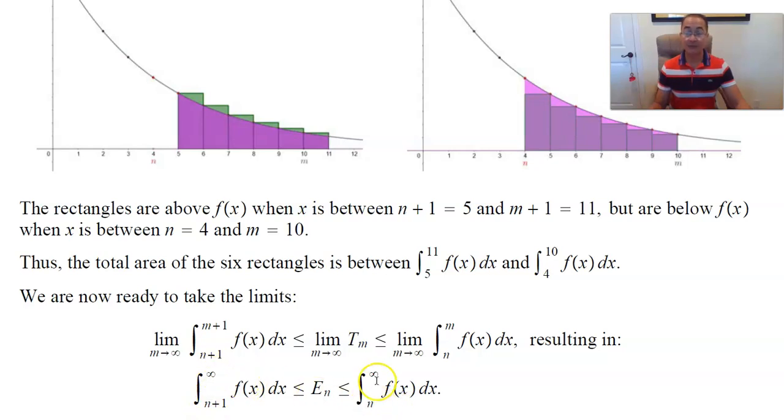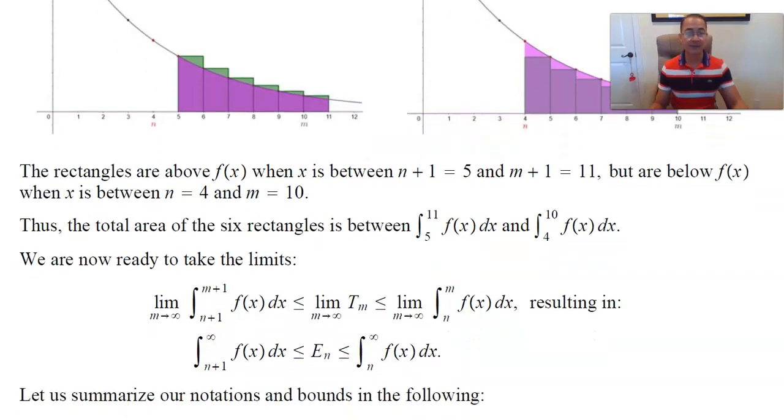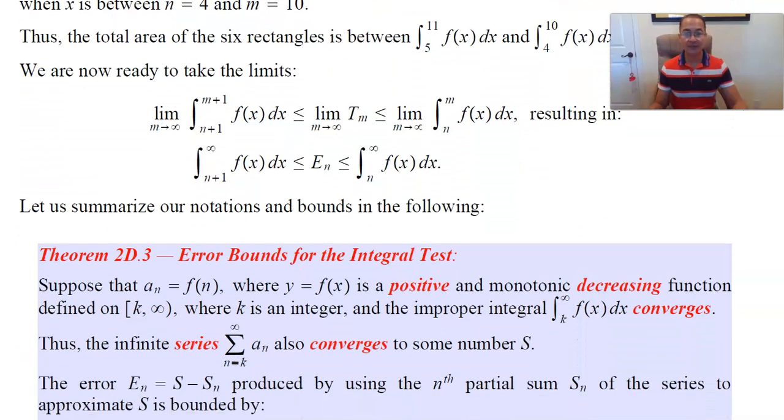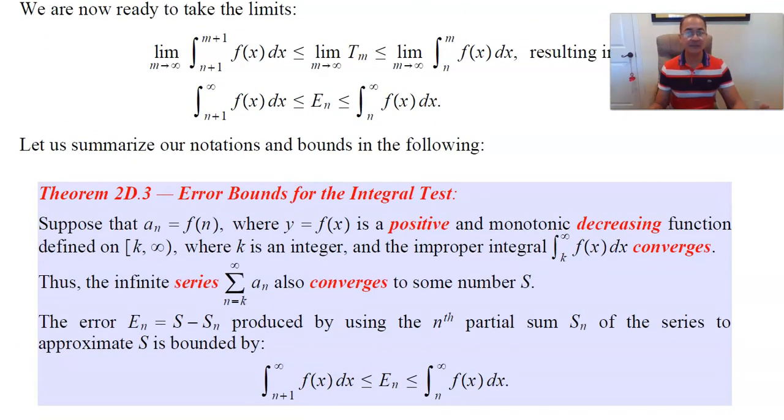But here we're integrating from 10 to infinity. That's a bigger region. 10 to infinity includes between 10 and 11. So the region that we're integrating here is bigger than the region that we're integrating on the left. All right, so that gives us a bound for the integral test.